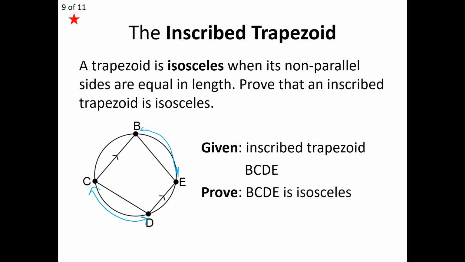And back a couple more worksheets before that: if we have chords of equal measure, what can we say about the arcs that they cut? Let that be your guide in leading you to prove that this quadrilateral BCDE is in fact an isosceles trapezoid.